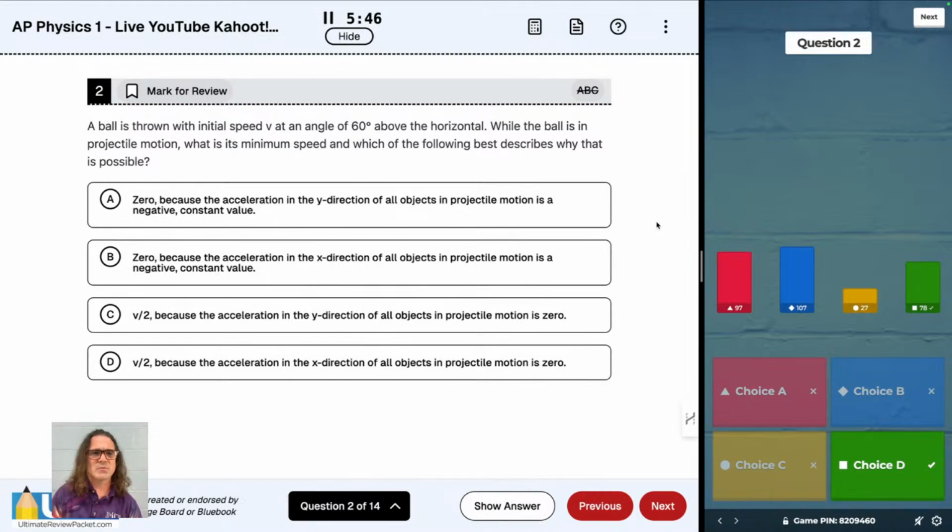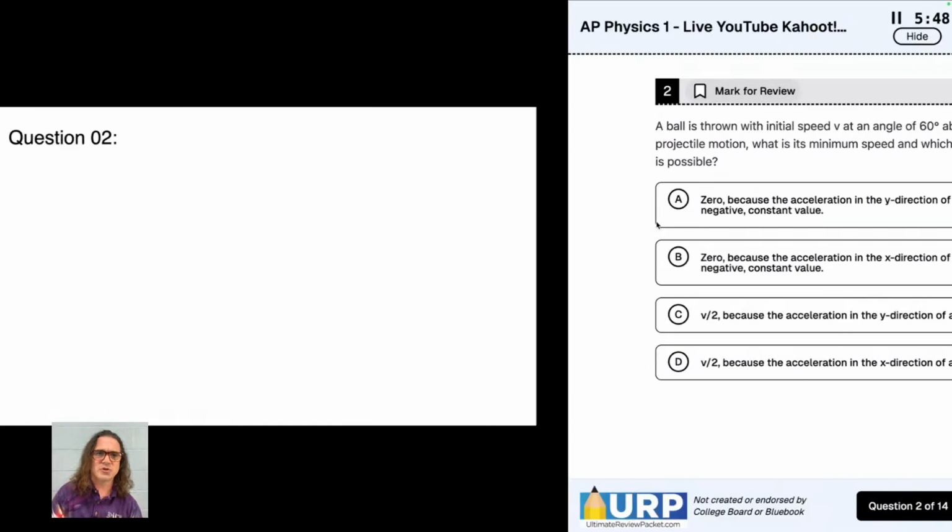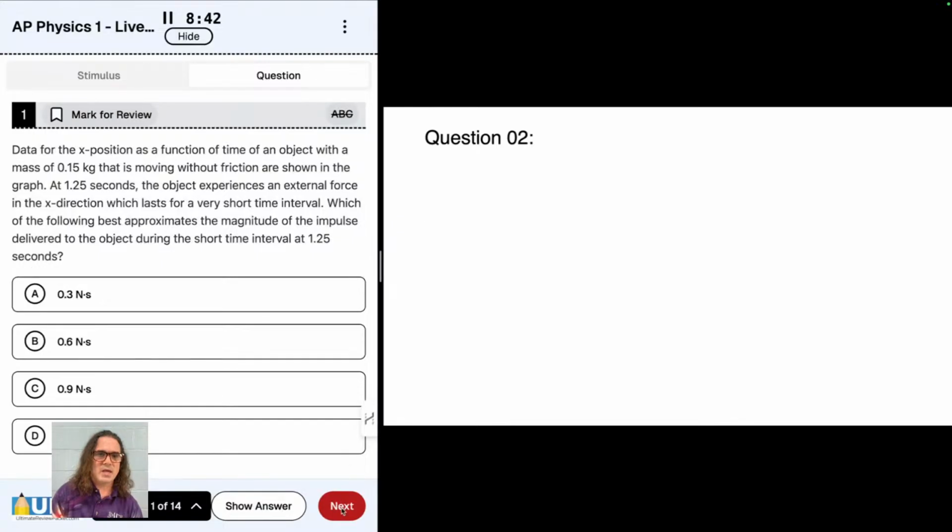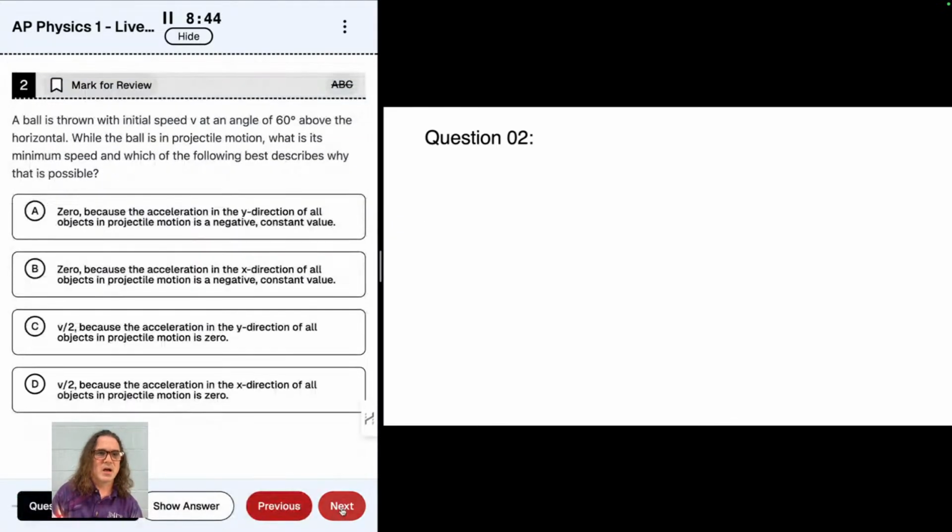So here we go. In question 2, we have a ball is thrown with initial speed. It's important to look at the questions and notice the structure of each of the answer choices. These are an answer and a reason.